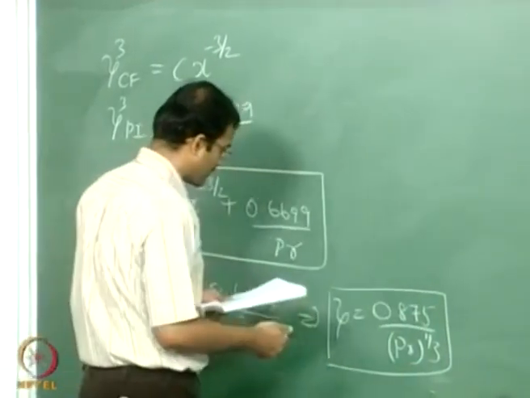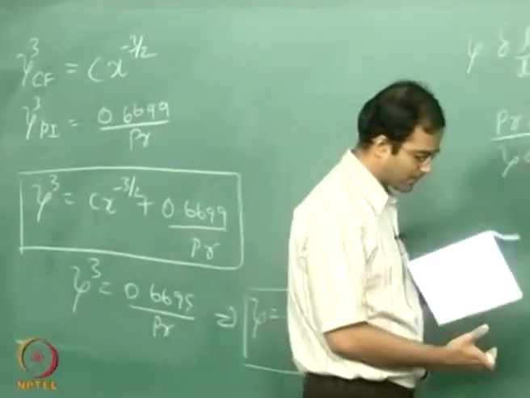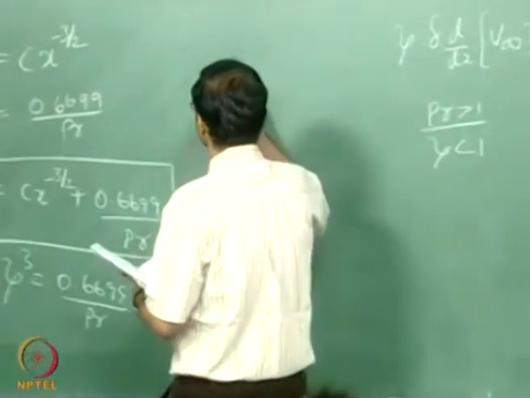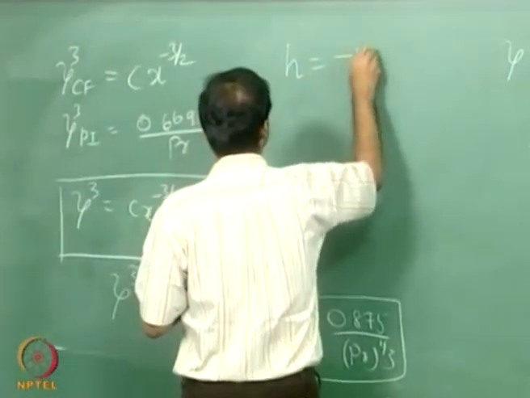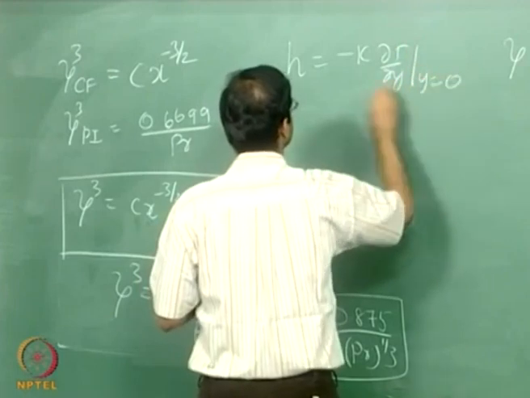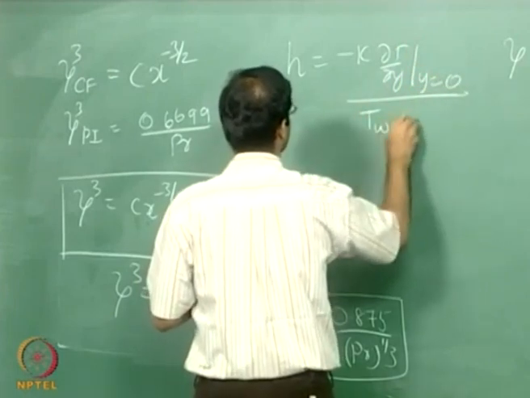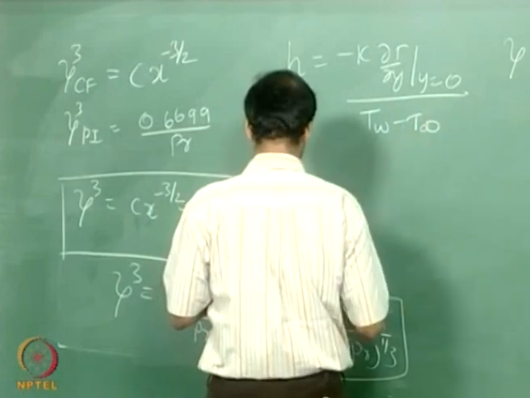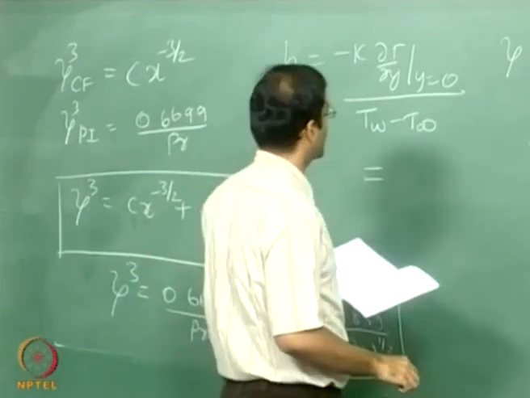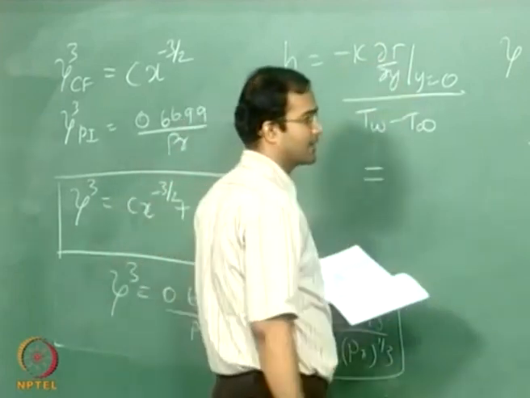Once you have found zeta, the entire problem is almost solved, because the heat transfer coefficient h is minus k dT by dy at y equal to 0, divided by T wall minus T infinity. Now for this particular temperature profile, can you tell me how this will reduce?